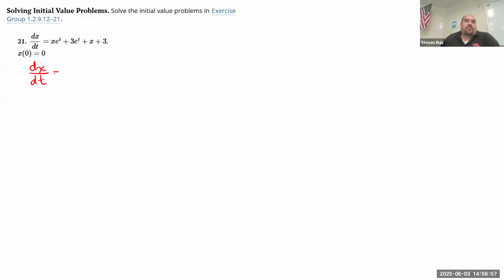So I have 4 terms here. What can be done? There's no common factor that all 4 of these terms have, but something I can start with, I can factor an e to the t out of the first 2 terms, and that gives me e to the t times the quantity x plus 3, plus x plus 3.